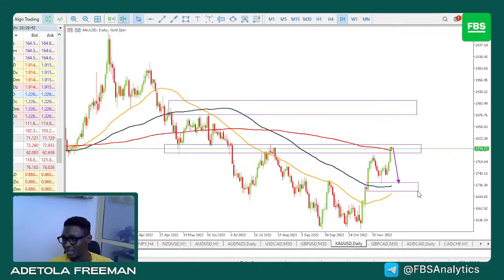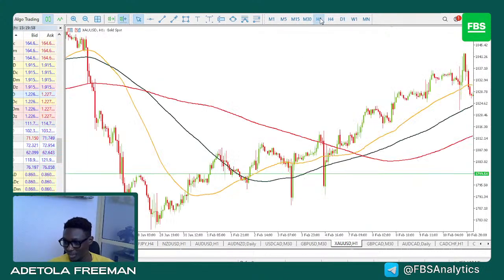That would be the first option. The second option, however, would be that we get to see gold spike higher, and I'm going to show you how to know which one is most likely going to play out so that you can capitalize on that direction.